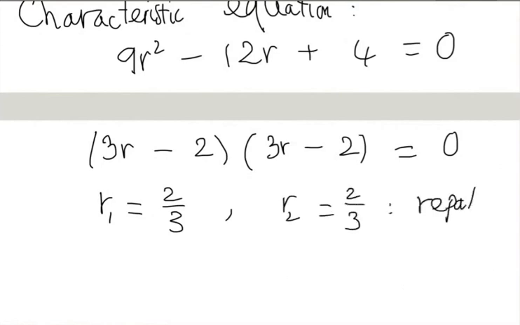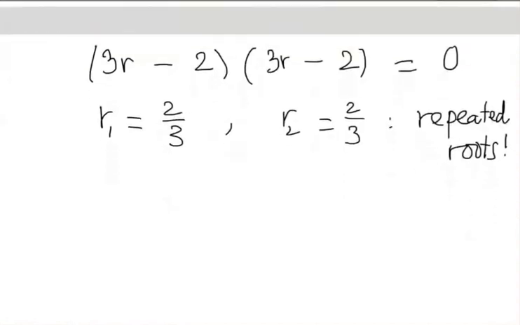So we have the case of a repeated root. I'm writing this down to remind myself that for a repeated root, I have a rule to determine the second solution.